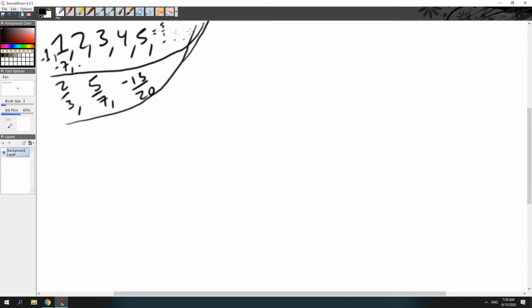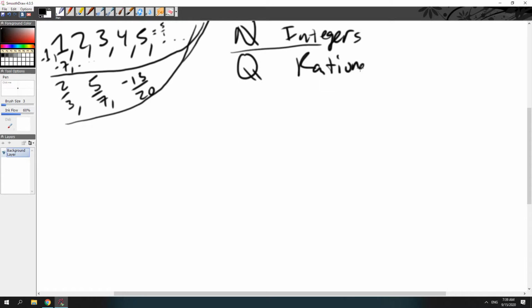And we're going to give these things special symbols. These are the symbols we usually use: integers, rationals.